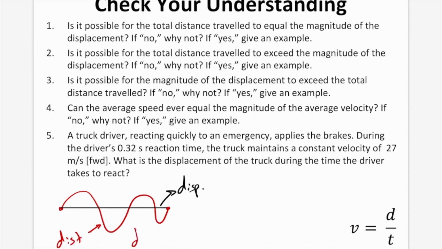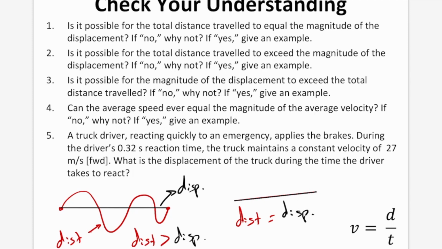In this case, the distance will be bigger than the displacement. The best case scenario is if you go from point A to point B in a straight line, then in this case, the distance will equal the displacement.